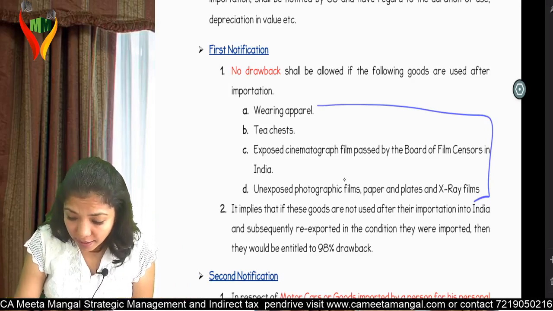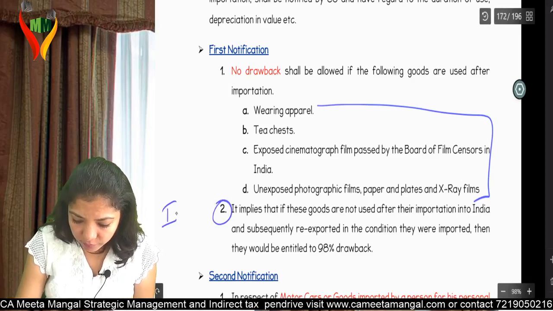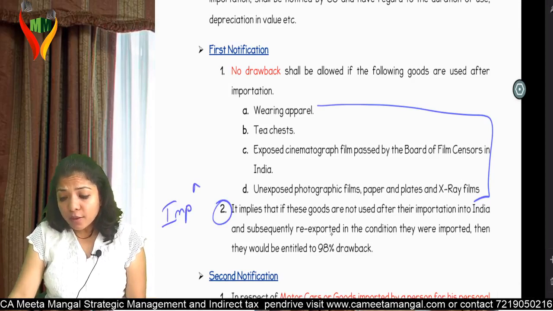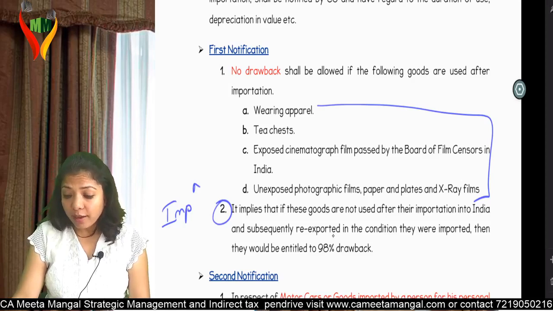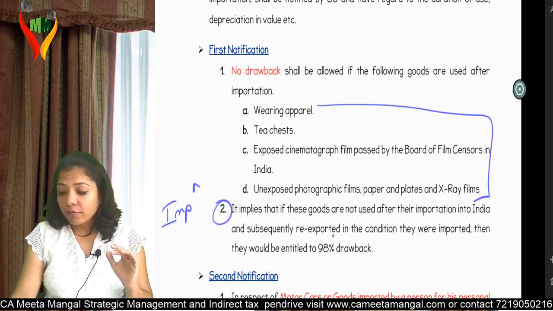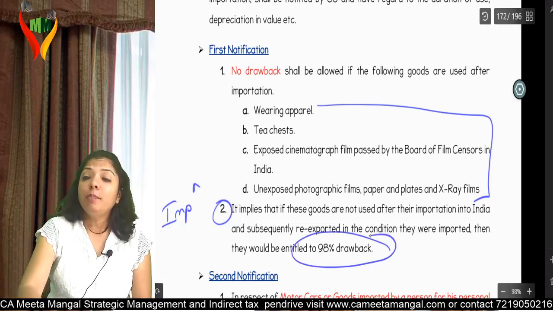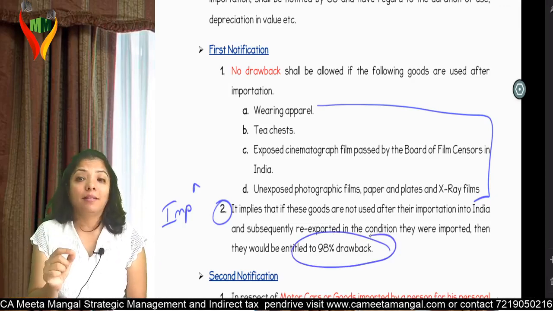It implies, mark this important, that if these goods are not used after their importation into India and are subsequently re-exported in the condition they were imported, then they will be entitled to 98% duty drawback.